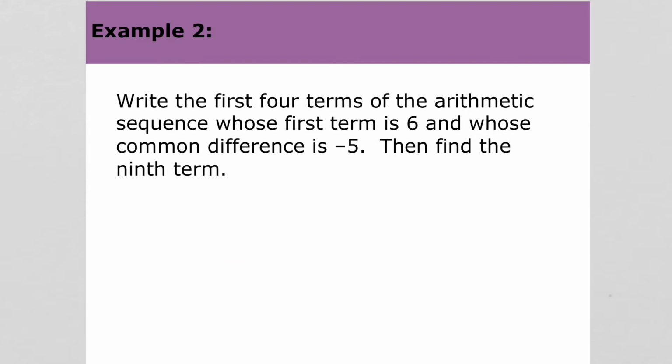Example 2 says, write the first 4 terms of the arithmetic sequence whose first term is 6 and whose common difference is -5. So, if the first term is 6, then the second term is just 6 minus 5.